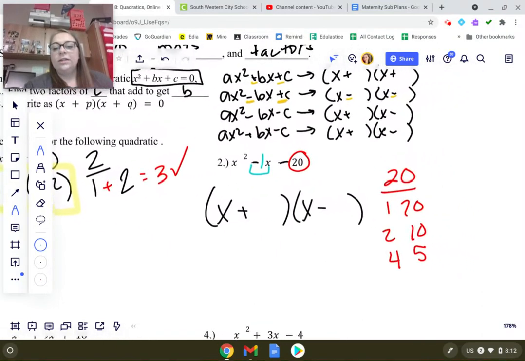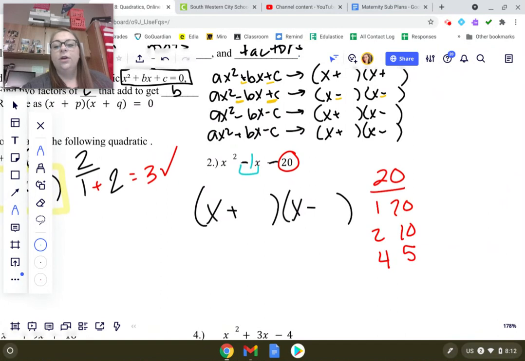One has to be positive, one has to be negative, and our goal is to get negative 1. Looking at 1 and 20, there's no way we get negative 1. You could do 1 minus 20, giving negative 19, or 20 minus 1, giving 19. So not quite. With 2 and 10, 2 minus 10 gives negative 8, or 10 minus 2 gives 8.